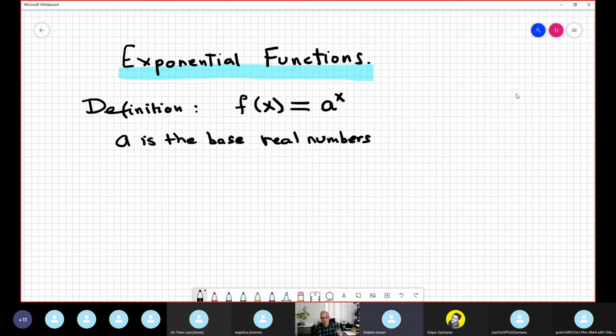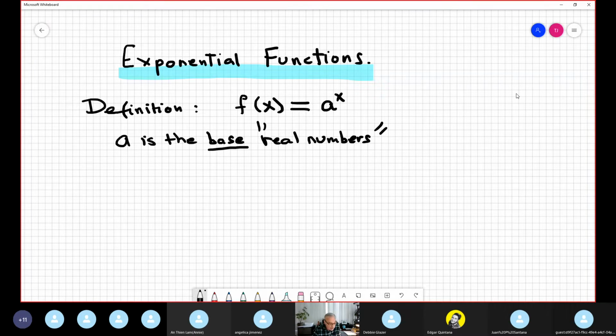Okay. A is the base, of real numbers. It's the technical name. And it's a real number, but not every real number. It's only a positive number, so the base is totally illegal to be negative.